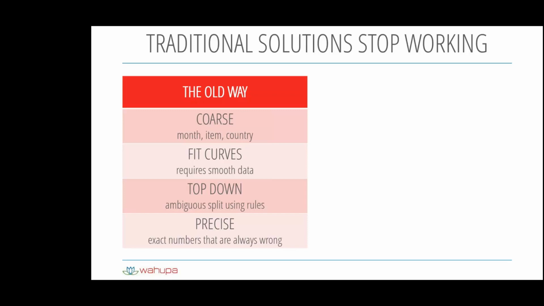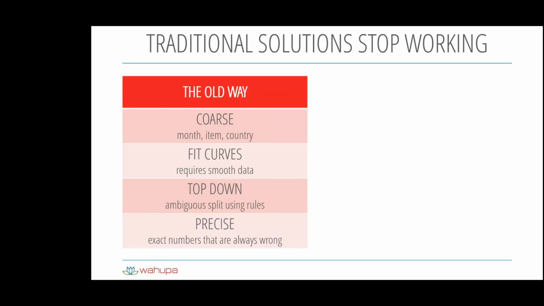And there's a problem there in that there's not one unique way that you can split a number. And so we use all kinds of rules. And in practice, what we find is that even if you have a pretty good forecast accuracy at a high level, once you split it down, it becomes really bad.